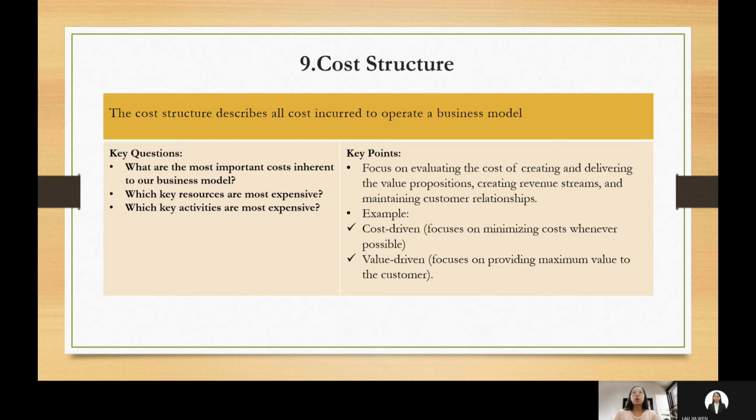There are two examples of cost structure: the cost driver, which focuses on minimizing the cost whenever possible, and the value driver, which focuses on providing maximum value to the customer. The question that can be asked is, what are the most important costs inherent to our business model, and which key resources and key activities are most expensive?